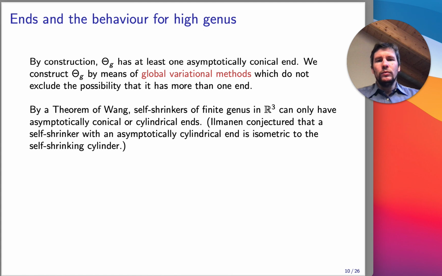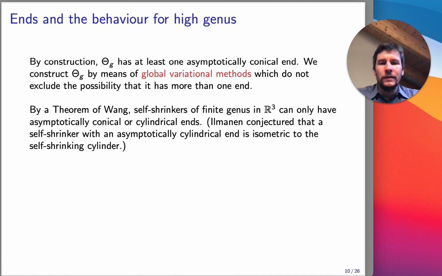By a theorem of Lu-Wang, self-shrinkers with finite genus can only have either conical or cylindrical ends. Okay? And Ilmanen conjectured that the only way a self-shrinker can have a cylindrical end is if it is isometric to the cylinder.